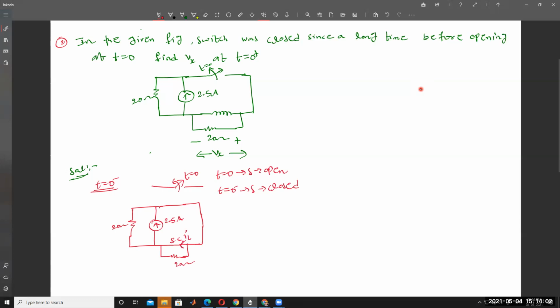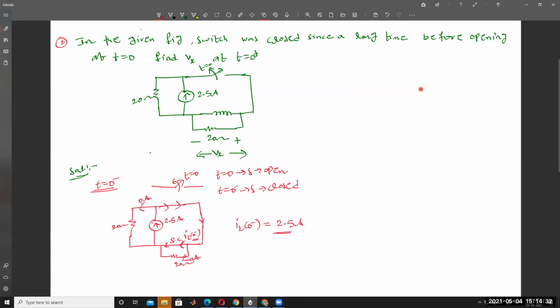So IL of 0 minus: what is the current flowing through the inductor? Under steady state condition, current always flows into the low resistance path. So no current flows to the 20 ohm resistor, and the current flowing in this direction is also 0 amps. So only this current is circulating, that is 2.5 amps. IL of 0 minus is equal to 2.5 amps.